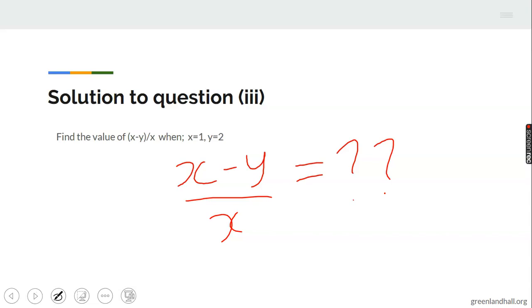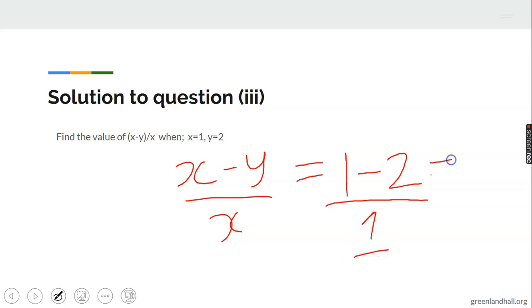Okay, now if you've done that, this is what you are going to have. Put in the value of your x. Your x is 1 and your y is what? 2. That will be 1 minus 2 all divided by what? 1. Now, what is 1 minus 2? That is minus 1 divided by 1. And your answer will be what? Minus 1. Answer. Are you clear?